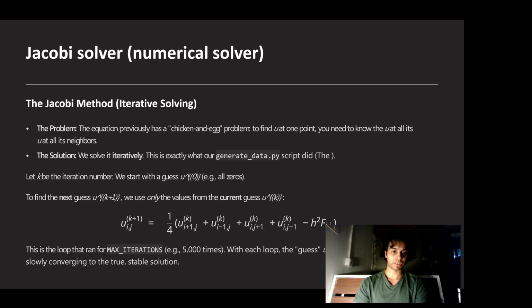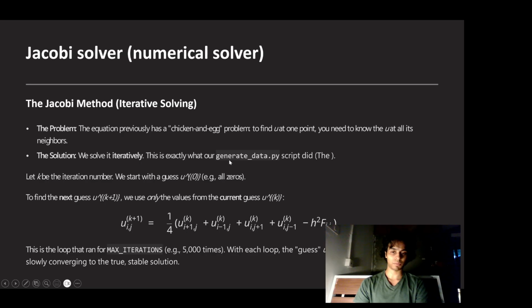So then it iterates over these sides, right? This loop ran for a max of 5,000 iterations. This is specific to my particular problem statement, and I'm talking about what we did.